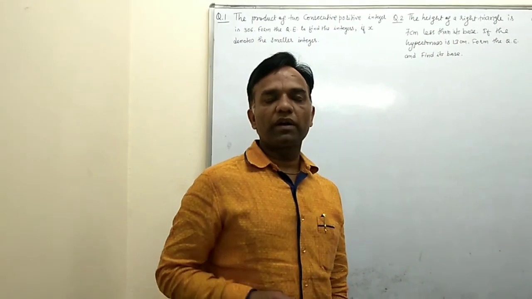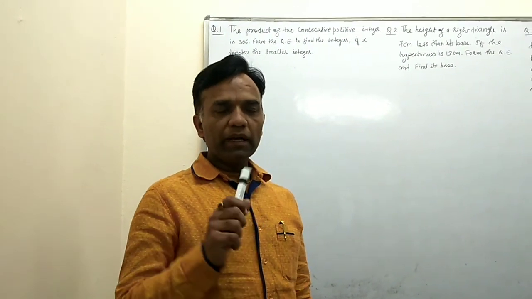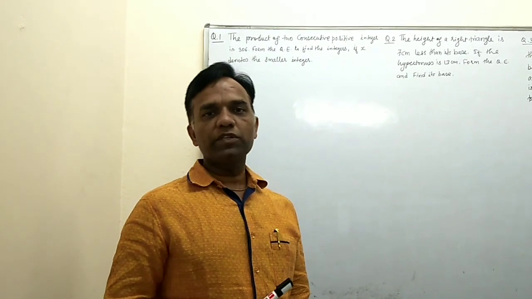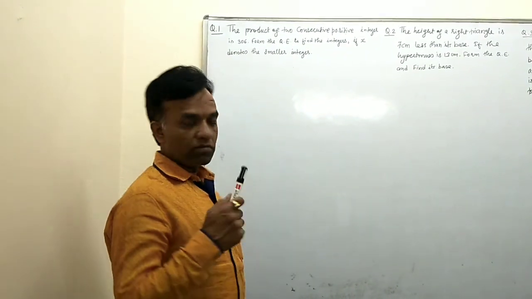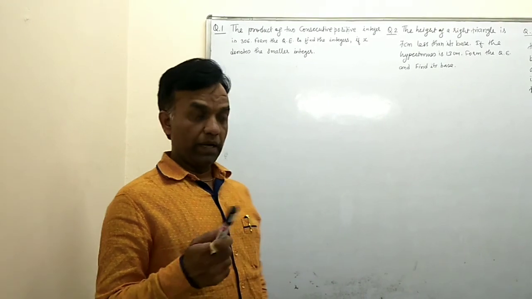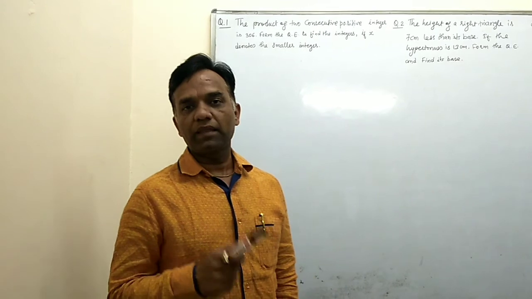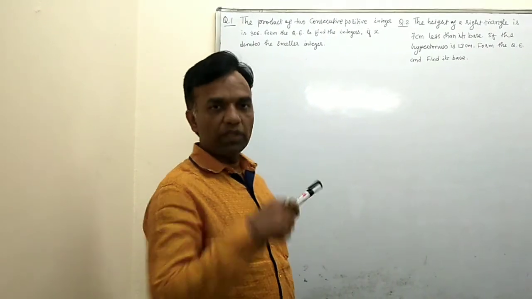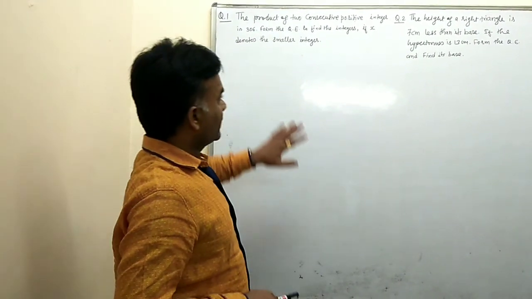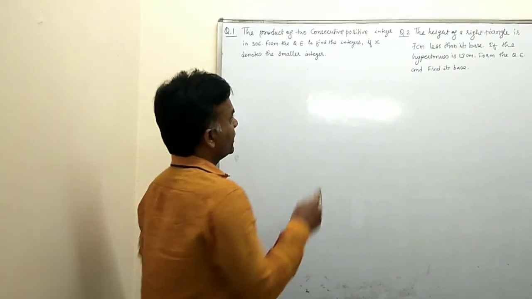Here there is no requirement for assuming, because x is already given in the question. But one thing is important: positive integers. Think about the definition: integers are all whole numbers with plus and minus signs, and here we only take the positive numbers. The word consecutive is also very important.